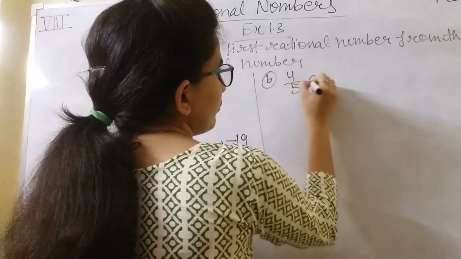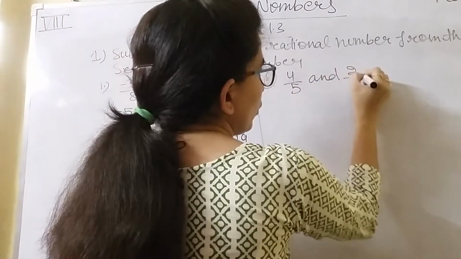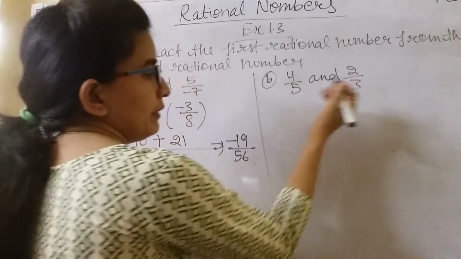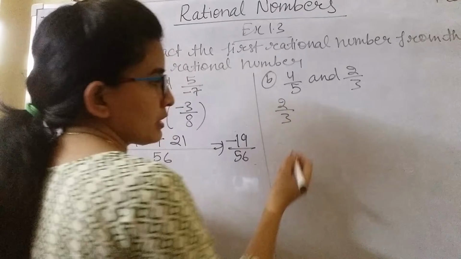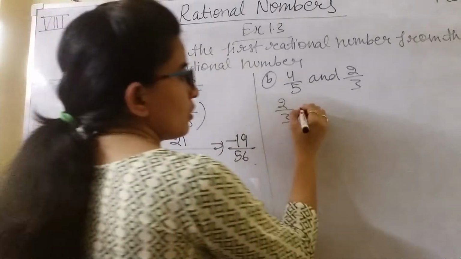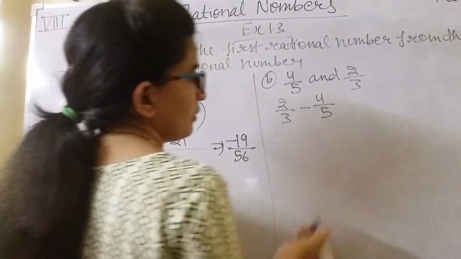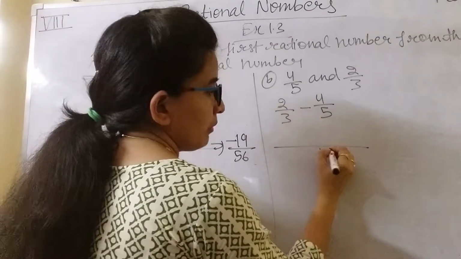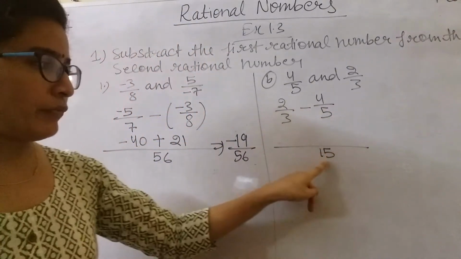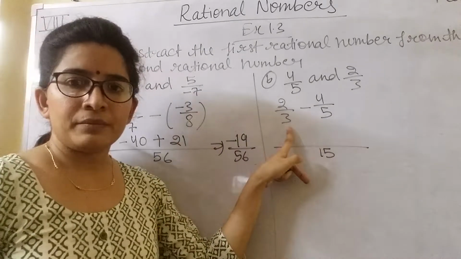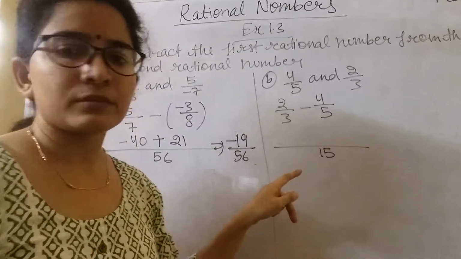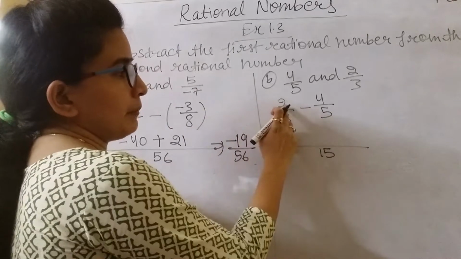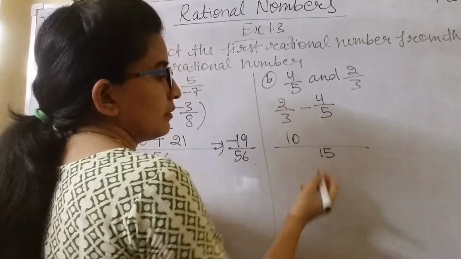The second question is 4 upon 5 and 2 upon 3. Now again we will take 2 upon 3 at first place and minus 4 upon 5 from it. Now we will take LCM of 5 and 3, that will be 15. Now 15 will be divided by 3, we will get 5, and 5 will be multiplying with 2, we will get 10.